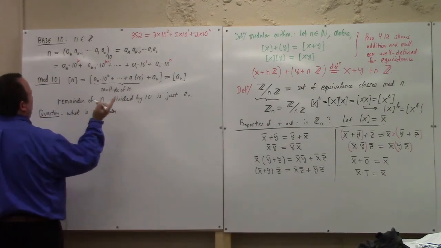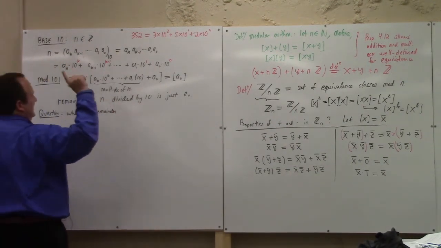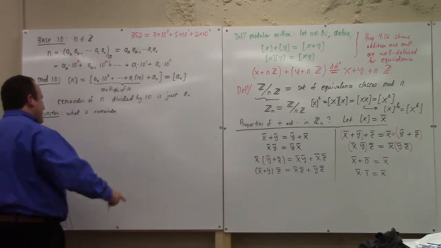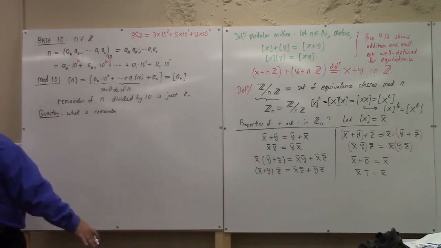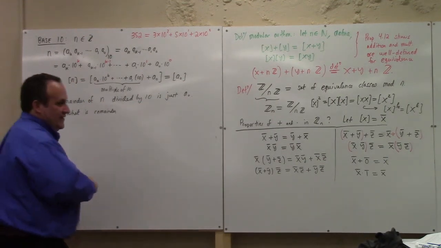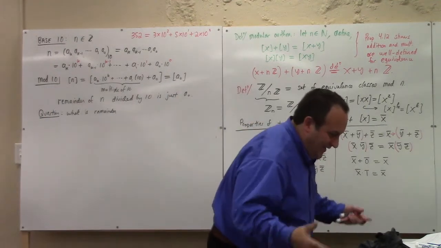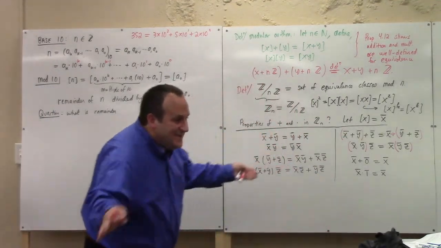And I shouldn't be using n here. Let me not use n. n is exactly the wrong letter here. Oh man, I'm an idiot. Let's call it anything but n.